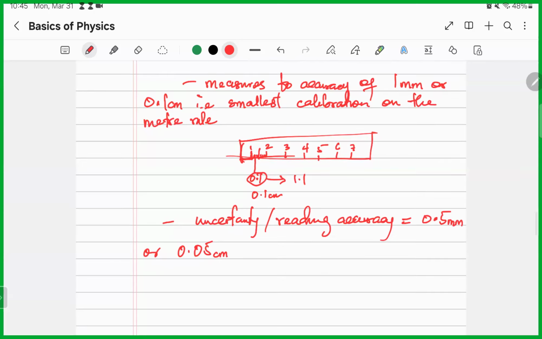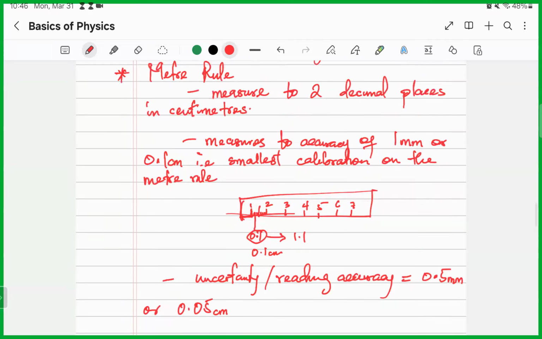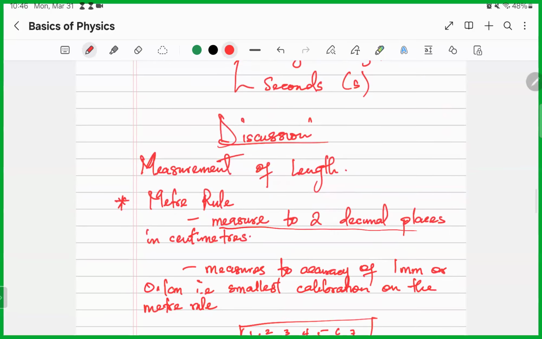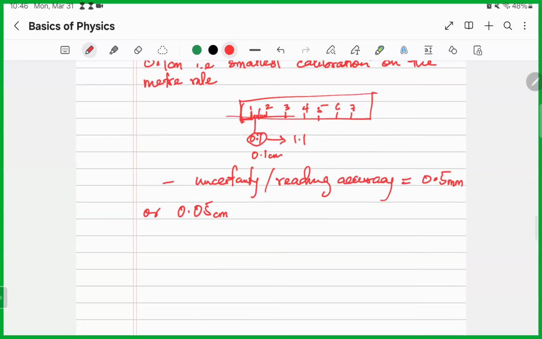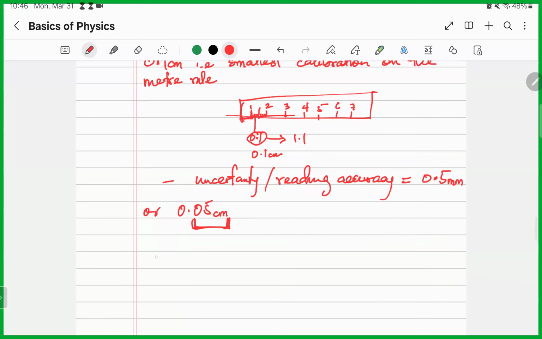The meaning of that is that every reading you take corresponds with the first point that says you should measure to 2 decimal places in centimeter. The uncertainty has that same characteristic. So the uncertainty or the reading accuracy is 0.05. Keep this in mind as a rule: every measurement you take is going to be the measurement plus or minus 0.05 centimeter.